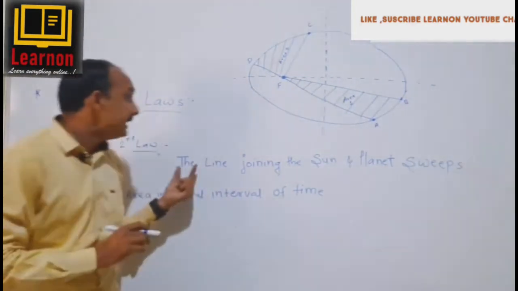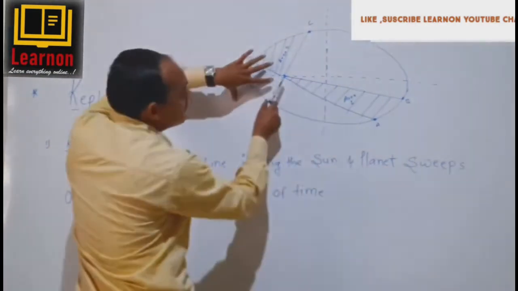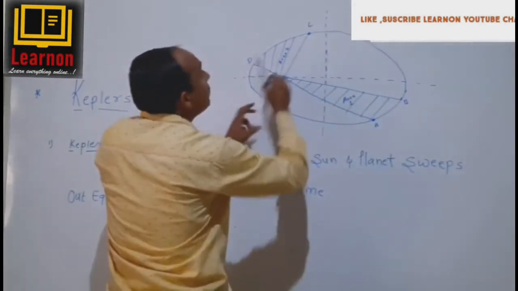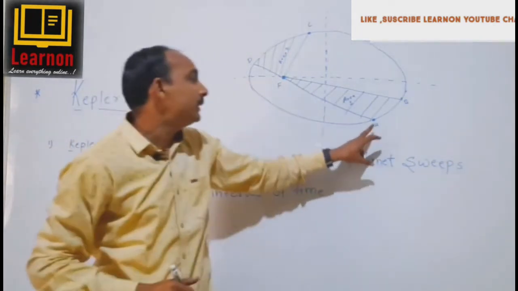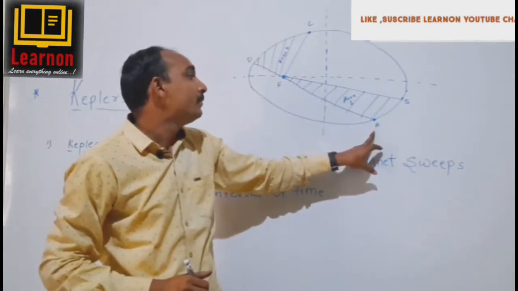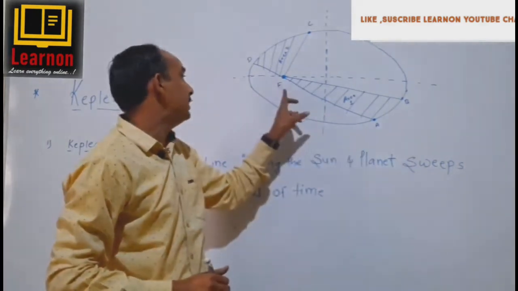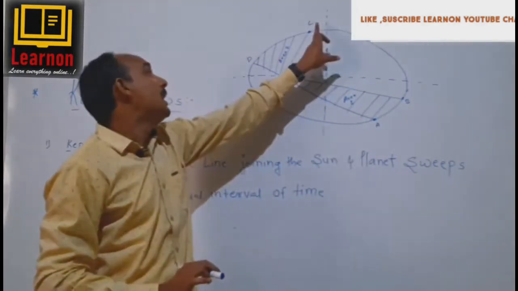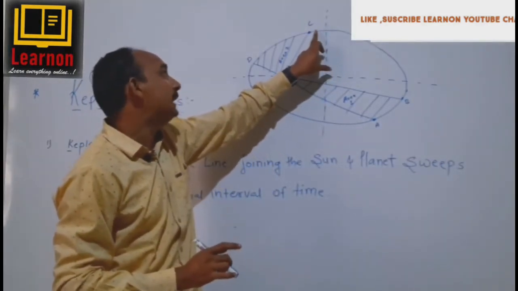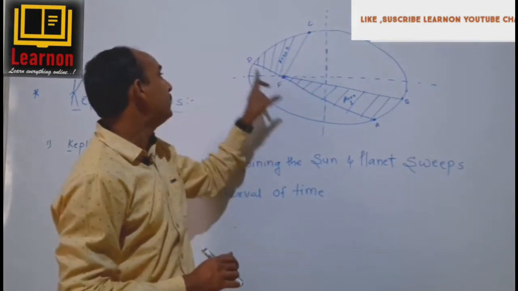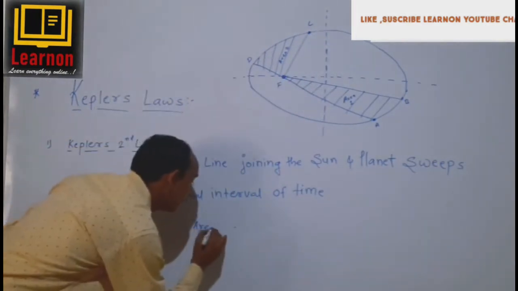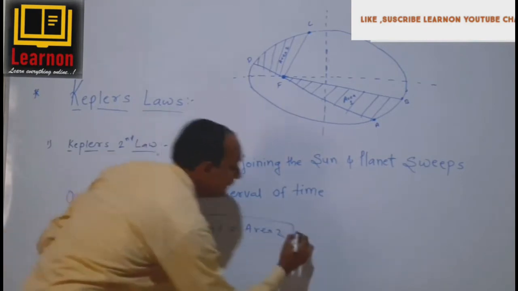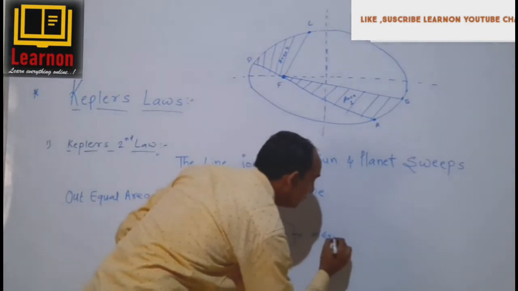The line joining sun and planet sweeps out equal area in equal interval of time. That is, area 1 will be equal to area 2 in the same time.